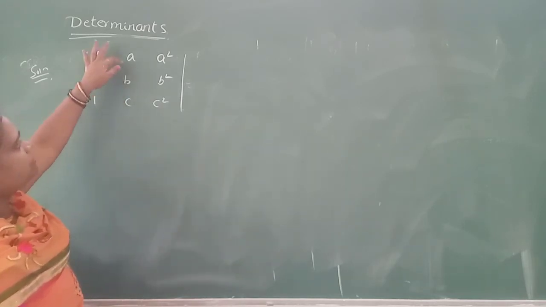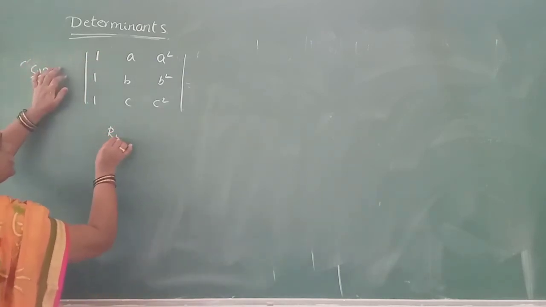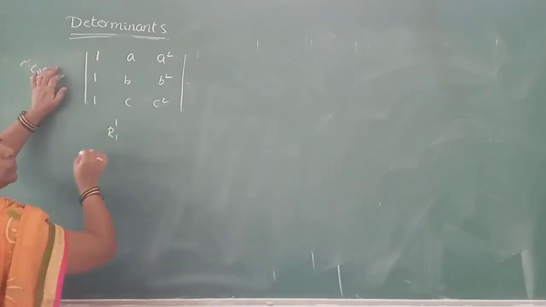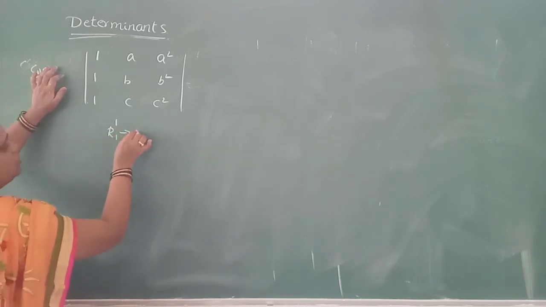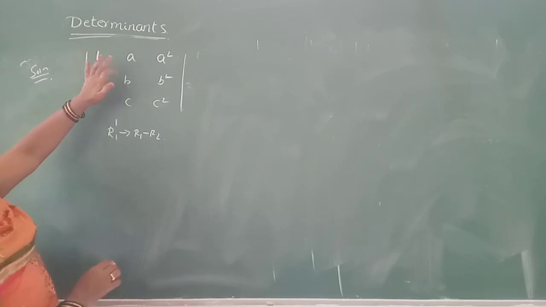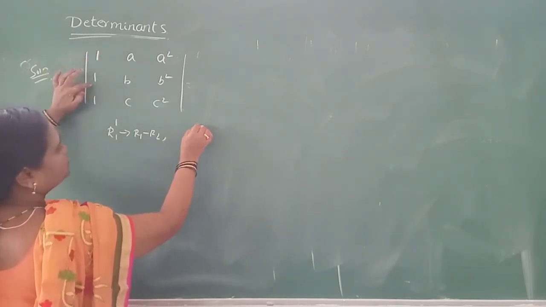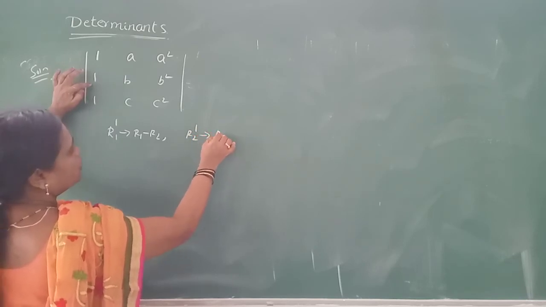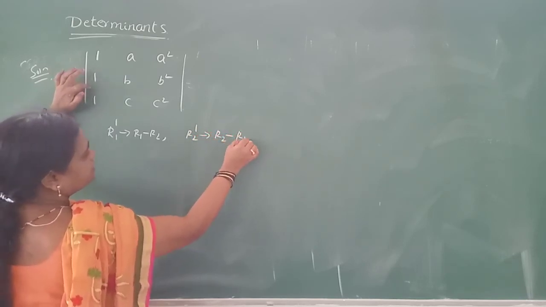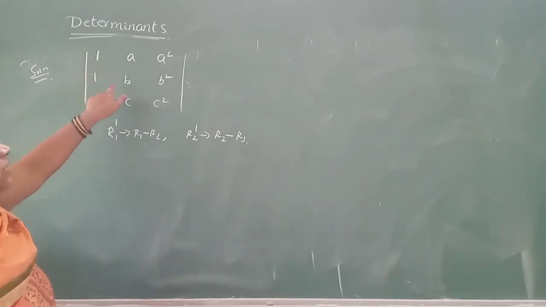Either you can take B minus A or A minus B. Anyway, I will apply R1 to R1 minus R2, which gives A minus B. Next, R2 to R2 minus R3. Which rows change here? The first row as well as the second.